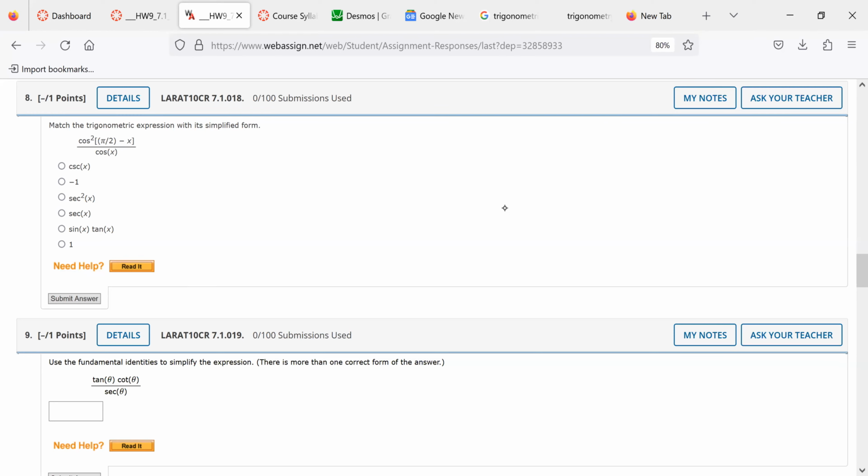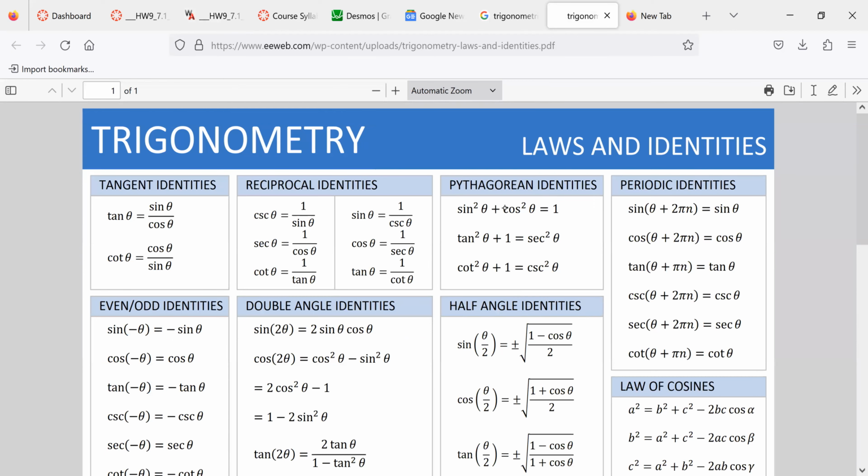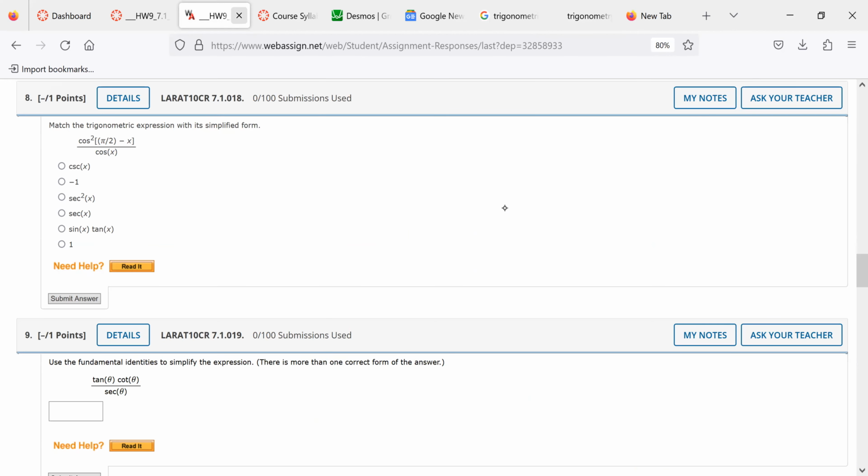Well, nothing jumps at you. Let's look at the formula sheet. I don't know. So would it equal sine over cosine? And then equal tangent?